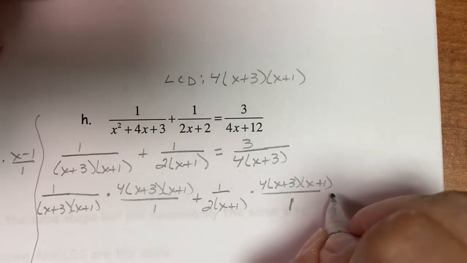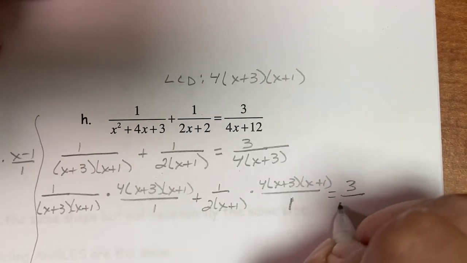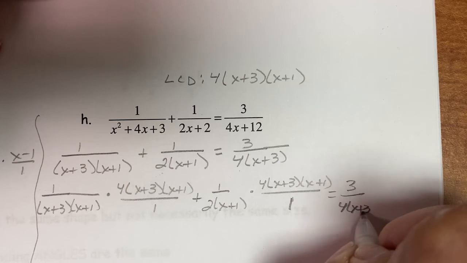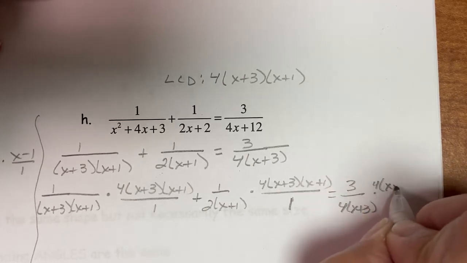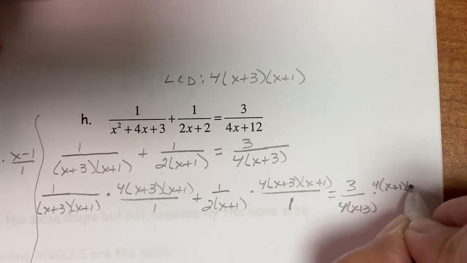Still not going to have enough room, so I'm going to really squeeze it in here. So I need the 4 and x plus 1 times x plus 3.